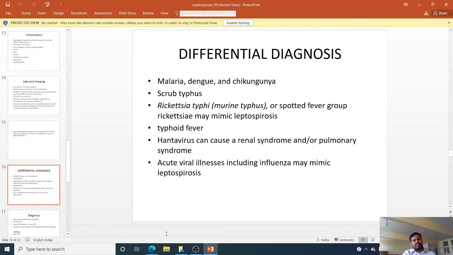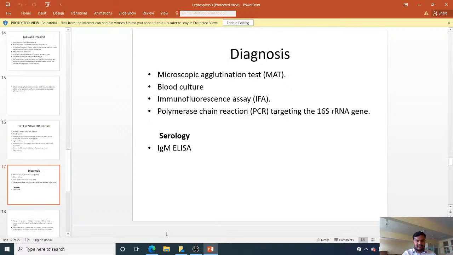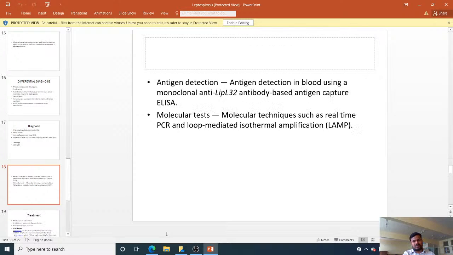Differential diagnosis is very important: malaria, dengue, chikungunya, scrub typhus. Also rule out typhoid, hantavirus, and other viral illnesses. Diagnosis is with the microscopic agglutination test, culture of specimens like blood, CSF, and urine, immunofluorescence assays, PCR of the 16S RNA gene, and serology with IgM ELISA to leptospira.